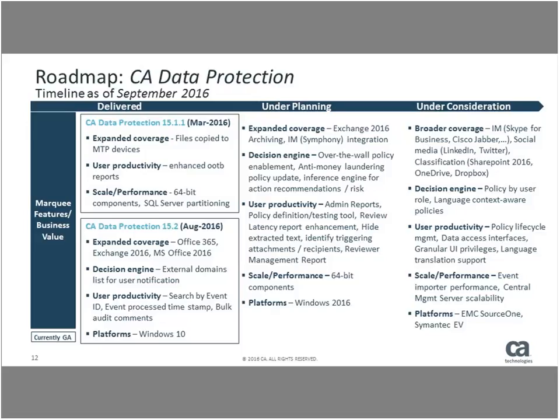Other features which help improve user productivity include hiding the extracted text so it is not visible to everybody. There are also scenarios when an email is triggered with lots of attachments, and as a reviewer, they don't know which of these 10 attachments is causing the policy to trigger, or which of all these recipients is the non-compliant user. For such scenarios, we are going to improve our users' experience.